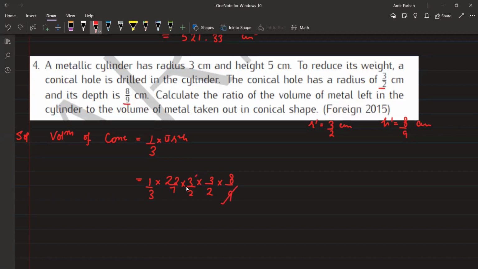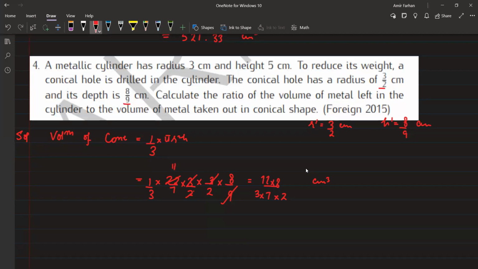So this 9 will get cancelled by this 3 and 3 into 3. Yes or no? And this 2 will cancel 11 times. So what is left is 11 into 8 divided by 3 into 7 into 2. Clear? Centimeter cube. So this is the volume that has been taken out, or you can say drilled out from the cylinder. Is this the same answer, Jasleen?